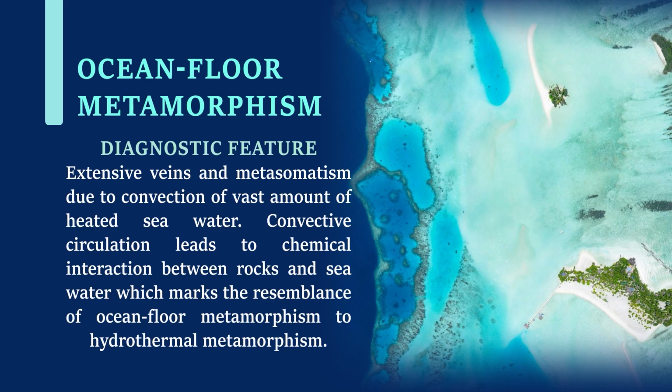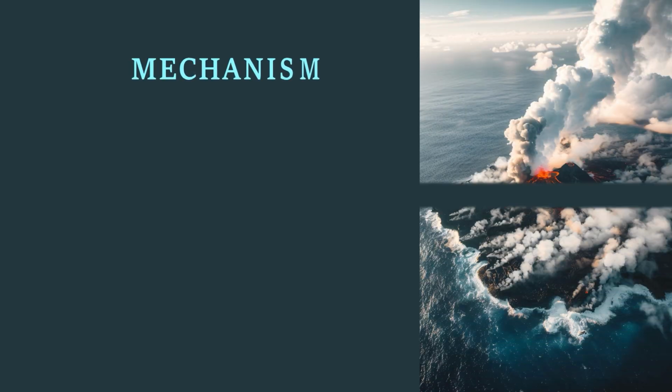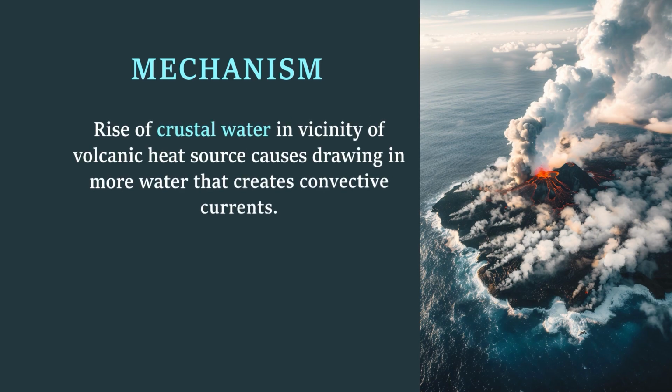Convective circulation leads to chemical interaction between rocks and seawater, which marks the resemblance of ocean floor metamorphism to hydrothermal metamorphism. Here is the mechanism. Rise of crustal water in the vicinity of a volcanic heat source causes drying of water, rather heating of water, that creates convective currents.